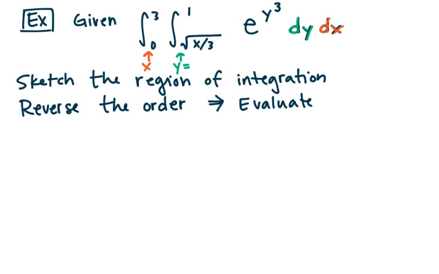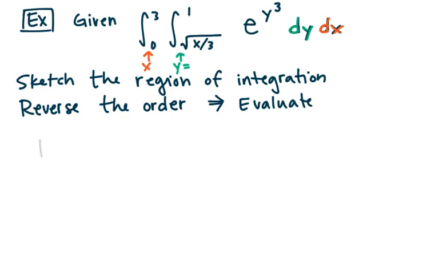Now, why might we want to reverse the order here? Do you know how to integrate this with respect to y? You don't. However, if we change this and we get dx written first, then this is a constant, and this is just going to become e to the y cubed times x, and it makes our life a little easier.